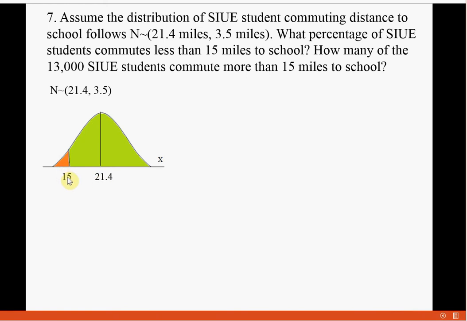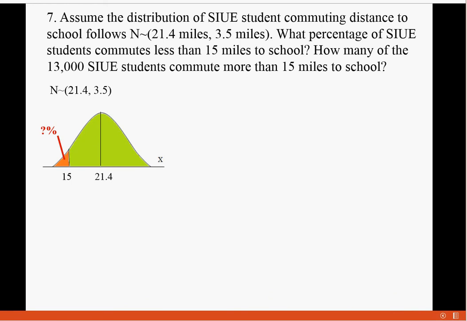So we write 15 miles here. Less than 15 miles is to the left of 15 miles, so we want to know the size of this corner. That is the nature of this first question.